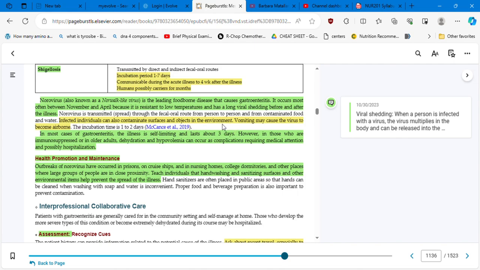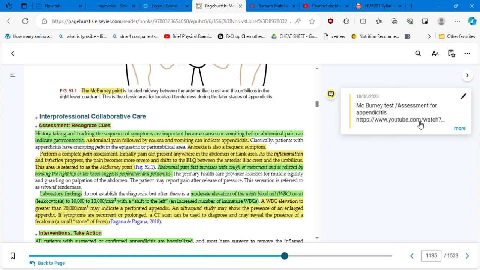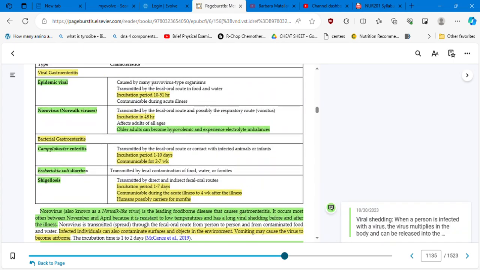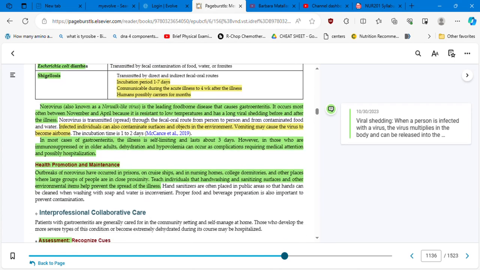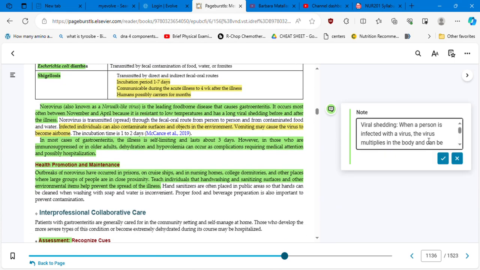Wow. What is viral shedding? Viral shedding is when a person is infected with a virus and the virus multiplies in the body and can be released into the environment through sneezing, coughing, or even speaking. This release is called shedding.